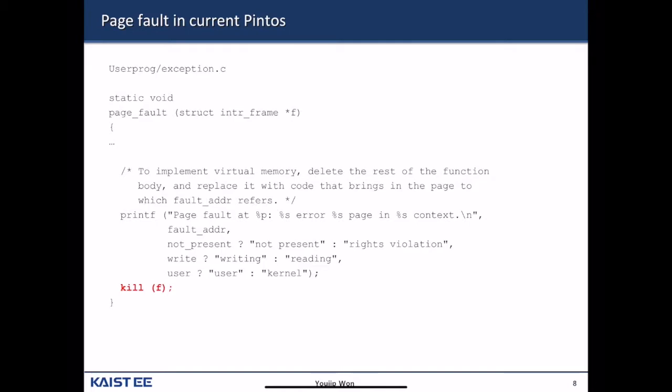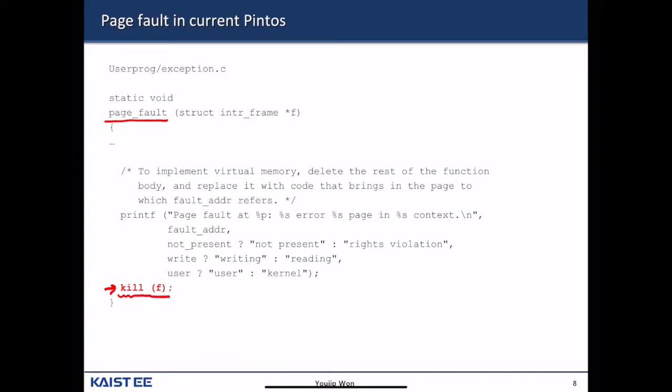In current Pintos, there's a page fault function. This function is called when a given page does not exist, and you are required to modify this function. In current Pintos, if a page fault occurs, then it kills the process.